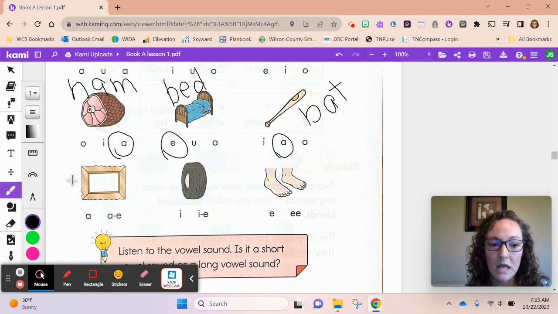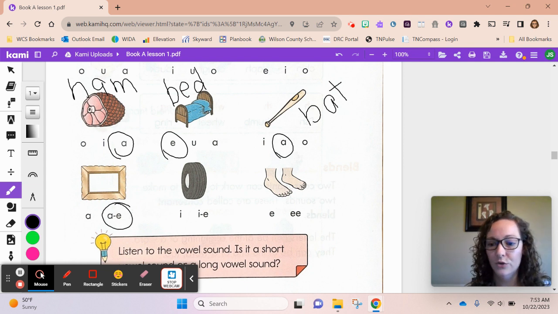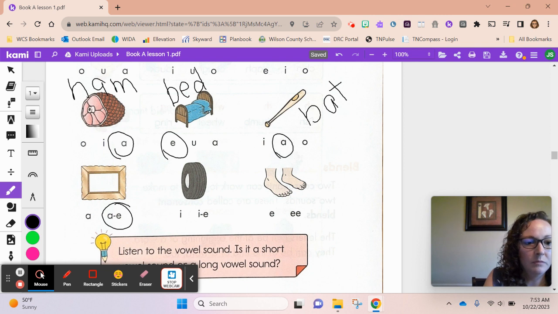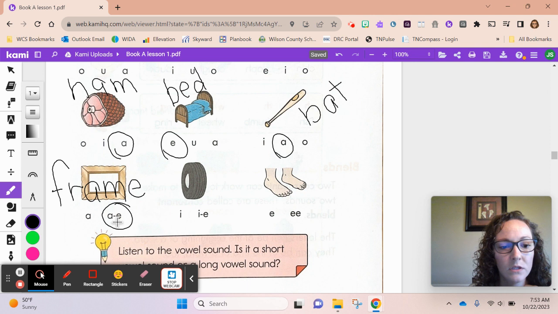Frame. I hear the long A sound in frame. So this is what I should circle. And that is spelled F-R-A-M-E. So you can see right here where this little line is, that's called a hyphen. That is in place of this consonant M.